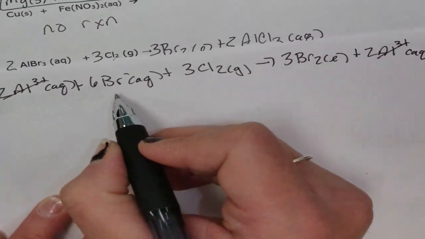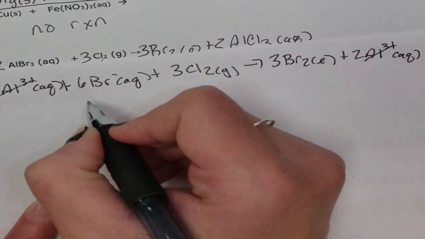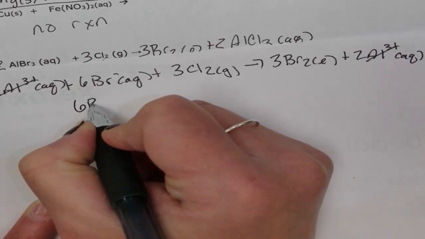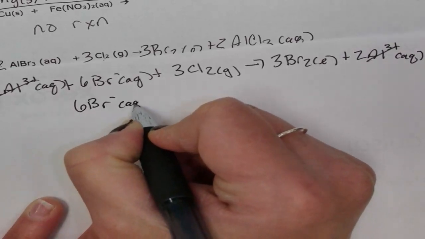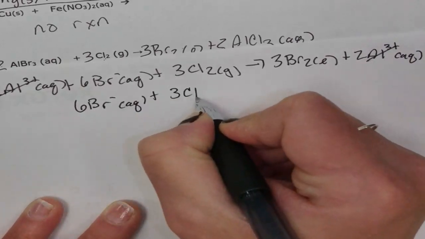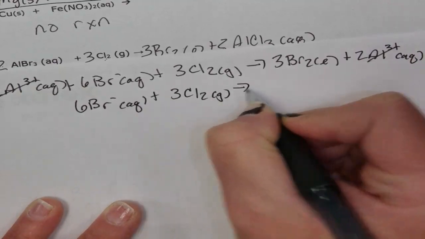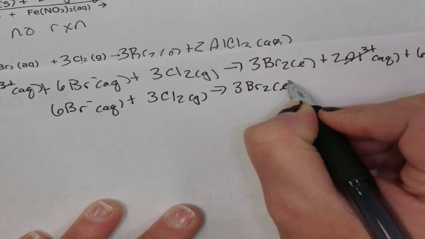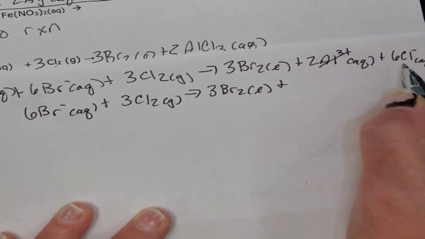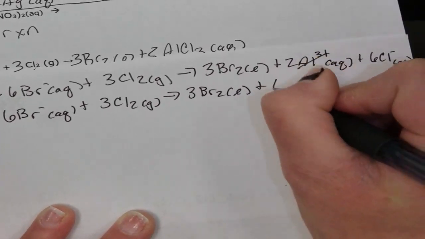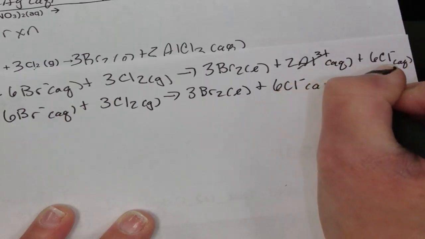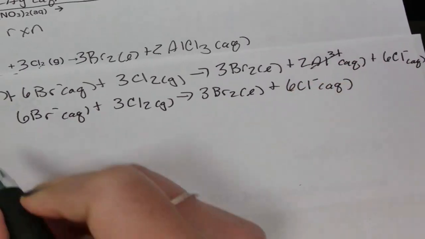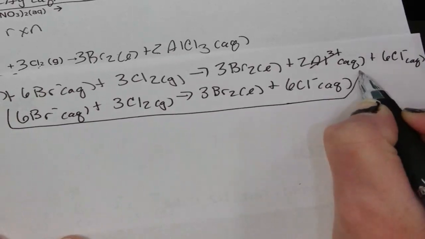And my net ionic equation is going to be everything left over. 6 bromide ions plus 3 chlorine gases will yield 3 liquid bromines and 6 aqueous chloride ions. So there's my net ionic equation.